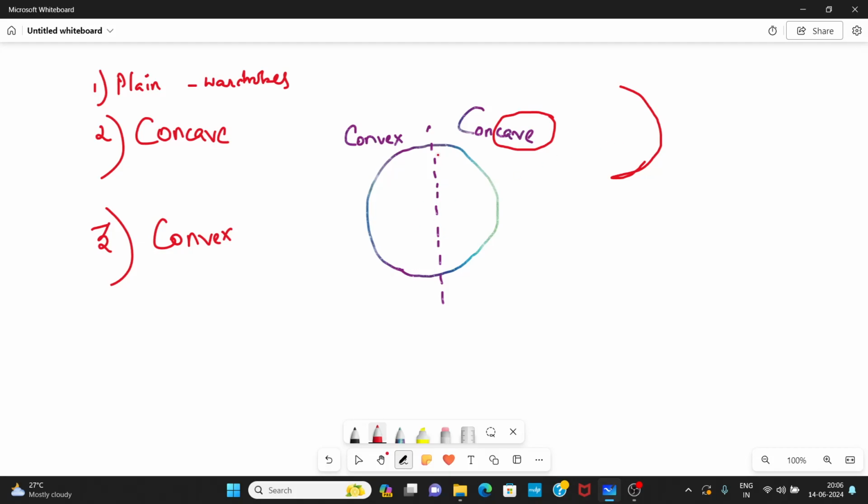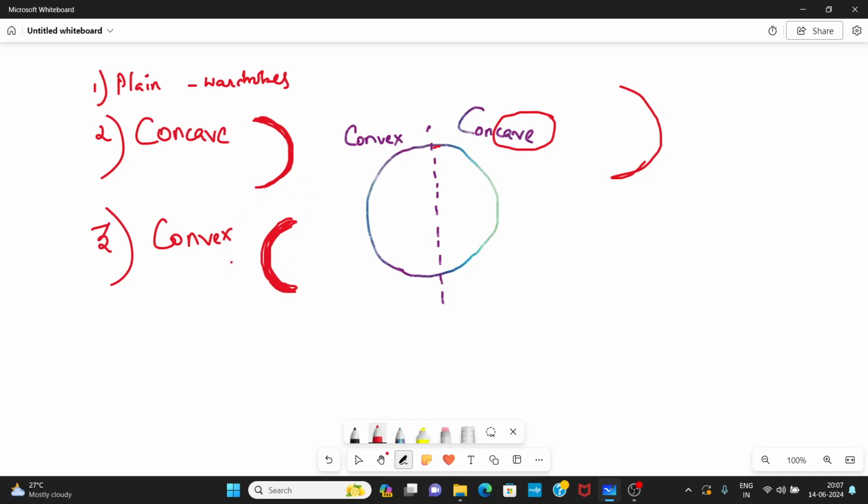The same is true for your concave mirrors: hollow inside. Concave is like the cave of your animals. And how is convex? It is bulging outwards. Alright, this is convex mirrors.